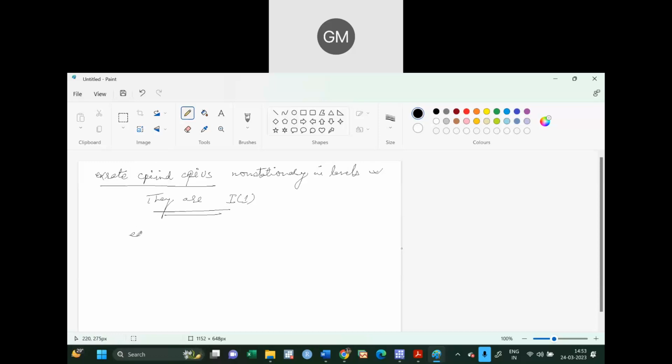So what it means is that when they are non-stationary and you are just running a regression of exchange rate on beta 0 plus beta 1 CPI India plus beta 2 CPI US, what you might find is that the relationship between consumer price index and exchange rate can be spurious.